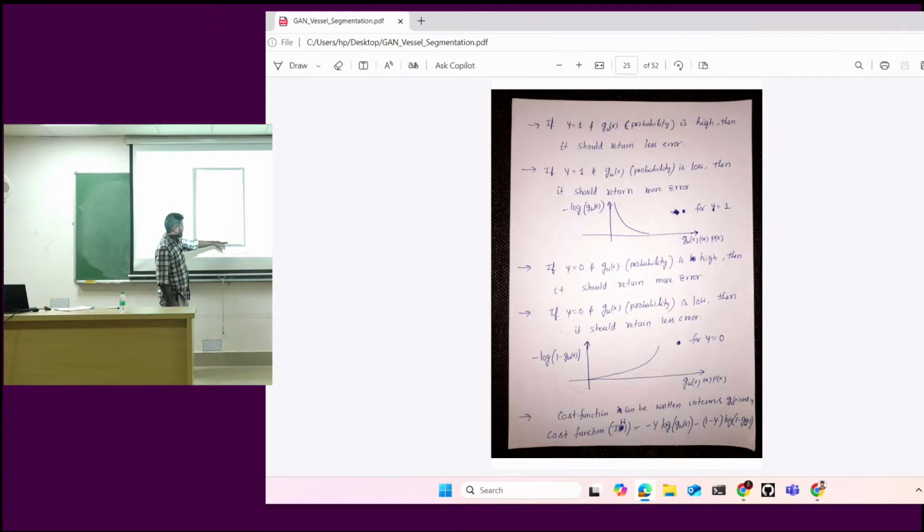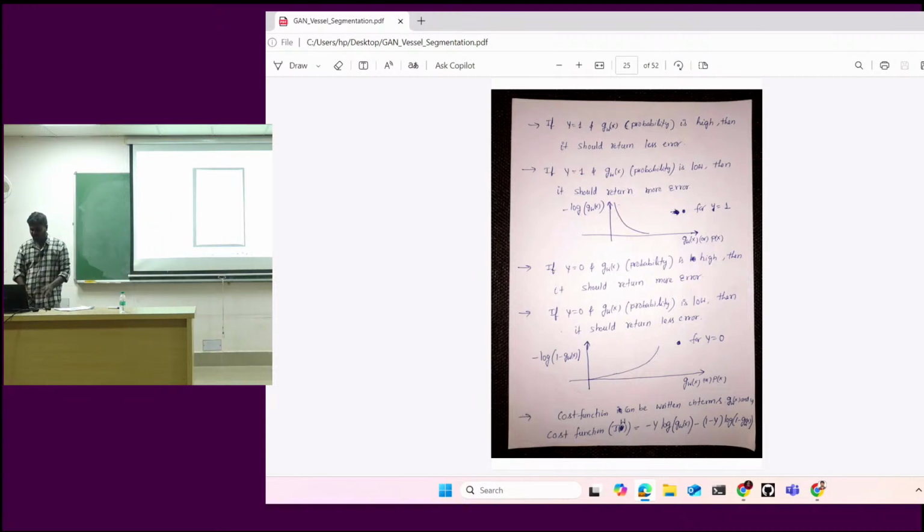You see that the loss function is this, a cross entropy. This is the loss for class 1 and the loss for class 0. You combine these two, as we studied some time back, and you get the loss function for the binary classifier.